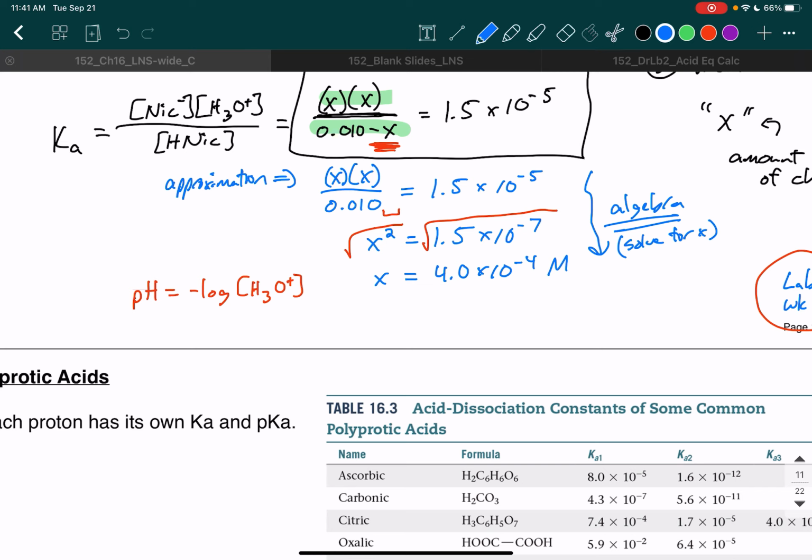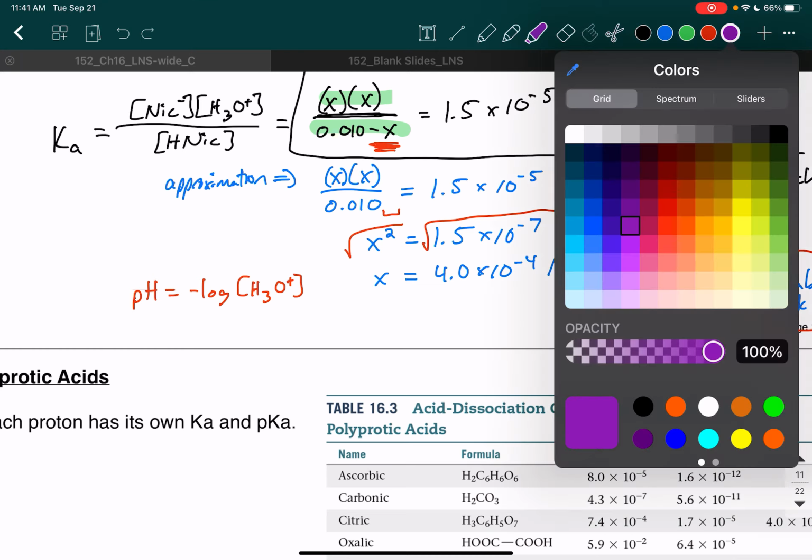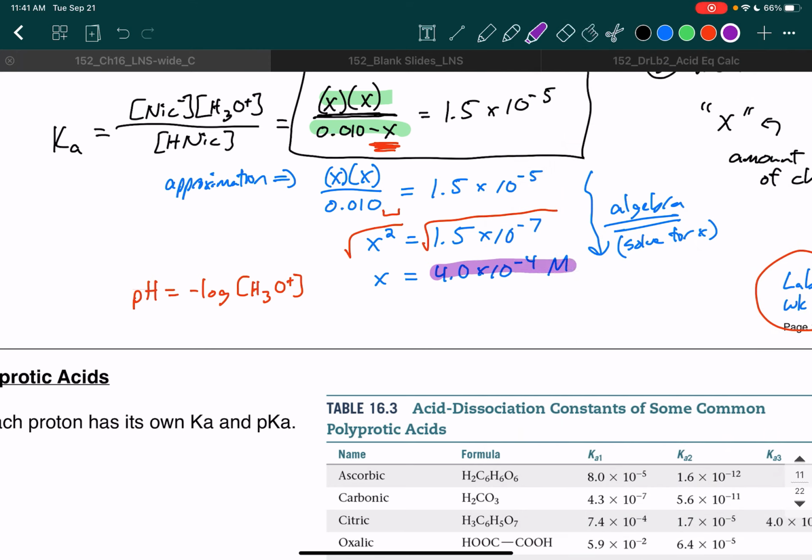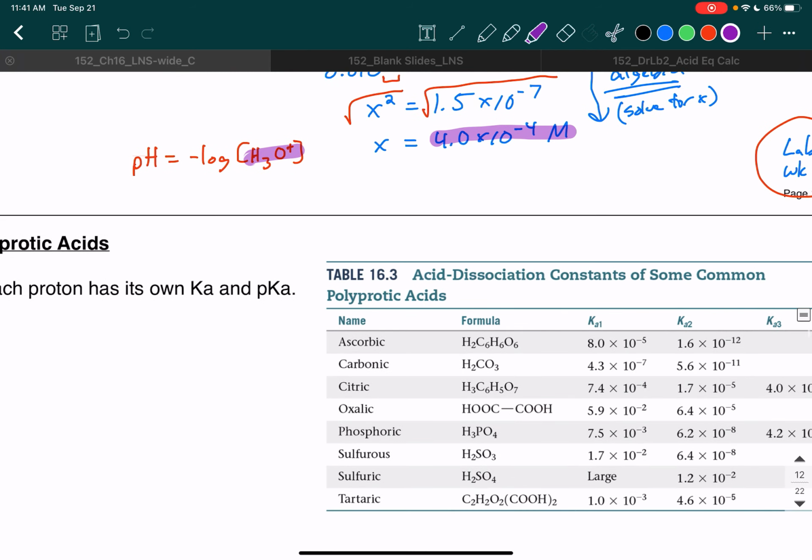Once you have this value, I'm just going to insert it into that formula right there, and I'm done.